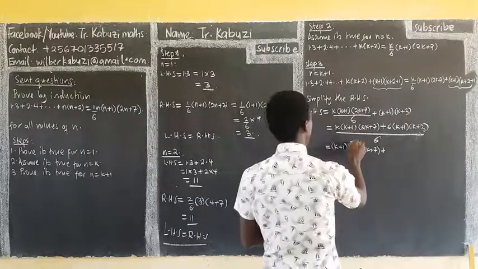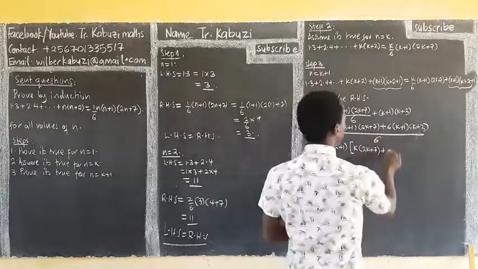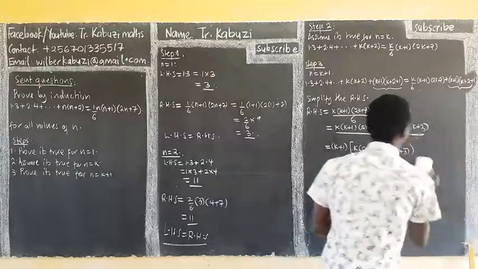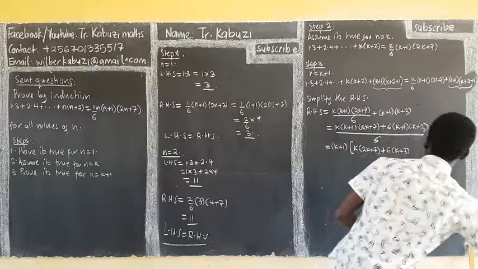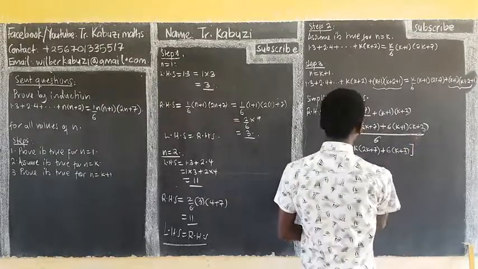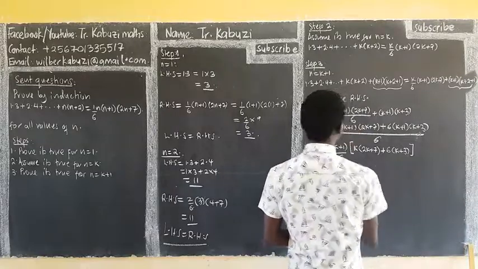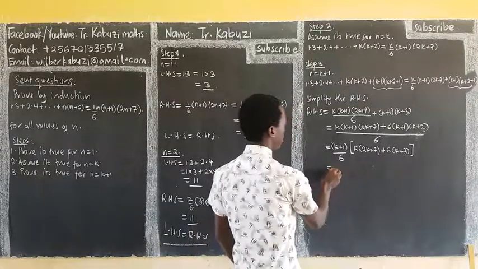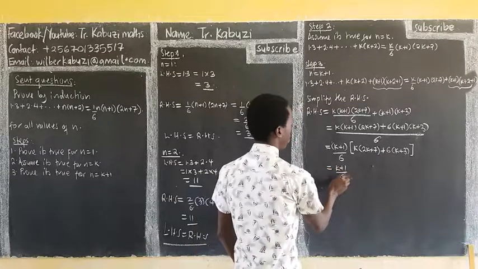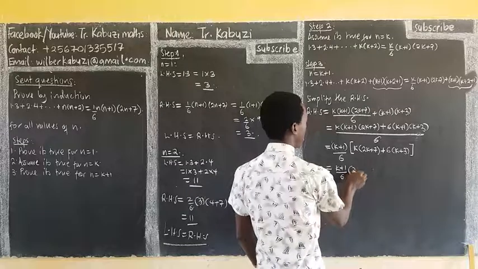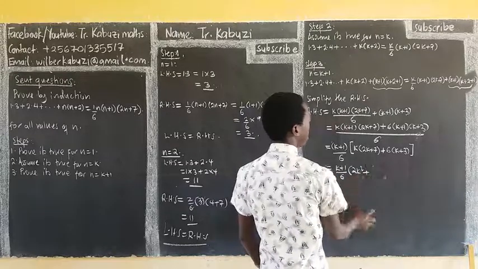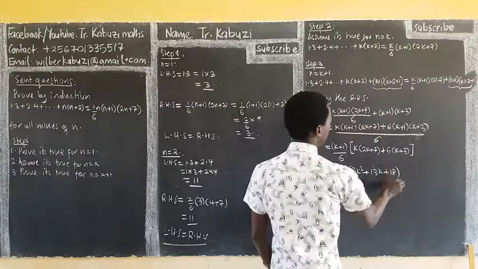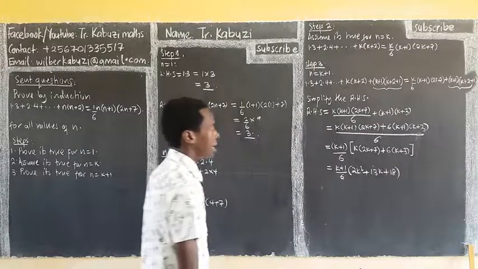When I remove this, then plus we have 6(k + 3), all over the big bracket. We are dividing the whole of this by 6. So now we can bring brackets there. This will give us (k + 1) over 6 into, now this is going to be 2k squared plus 7k plus 6k, which is 13k, plus 18. So that's what we have, which you can simplify.